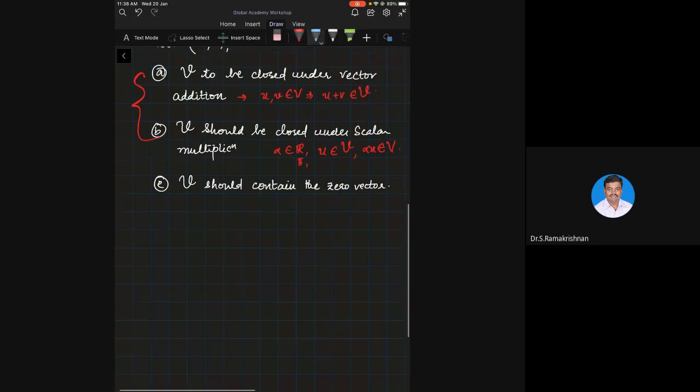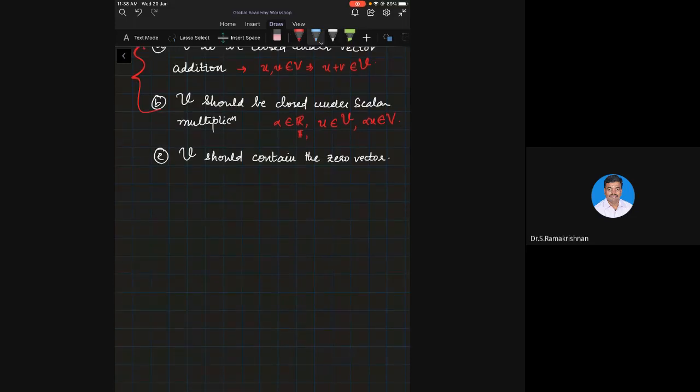Now we are going to club these two and look at this. We'll say that the vector w is equal to alpha u plus beta v, where u, v are elements of V and alpha, beta are scalars from the field.